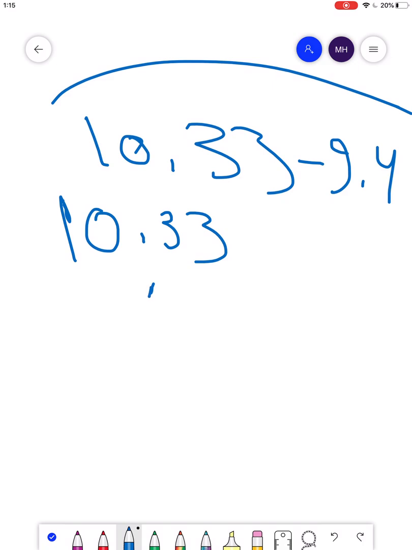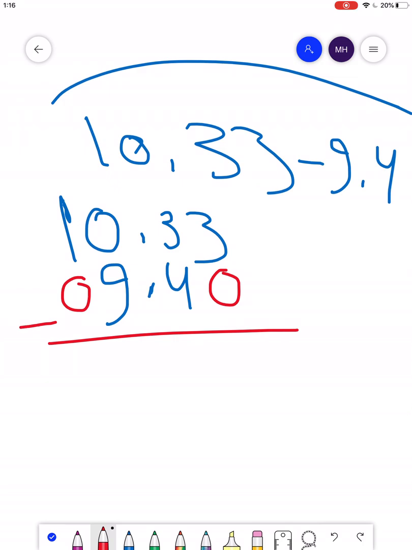Look, the first thing I write the decimal point, then I write 9 under the ones and 4 under the tenths. I can annex zeros here in the hundredths. Then before I subtract, I put the decimal point in the difference directly below the decimal points up. I line up all the decimal points.